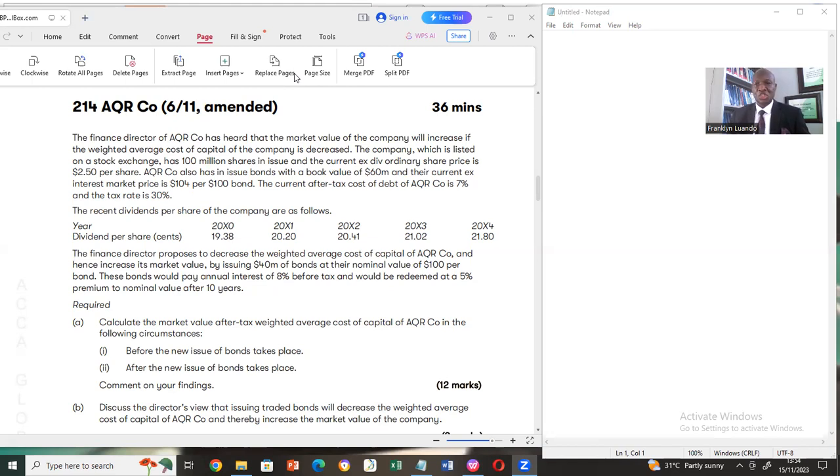So I'm going to explain the following terms: the meaning of WACC, and the steps to be taken when calculating WACC. Number one, the WACC.